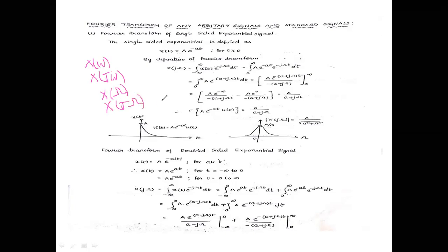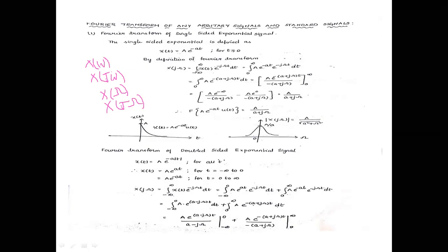Otherwise, you can keep it as a is equal to 1. Or x of j omega, or the digital omega, x of omega, or x of j omega. All of it is the same.